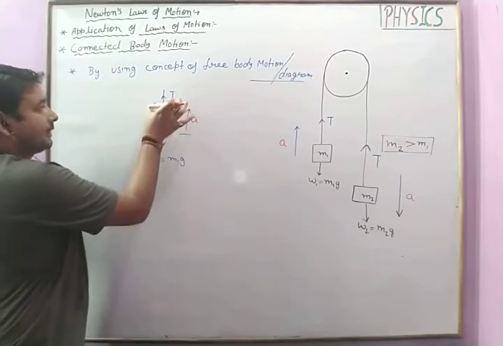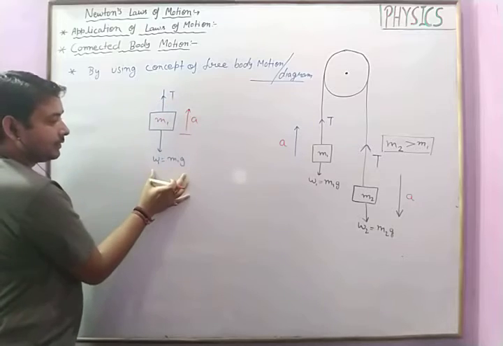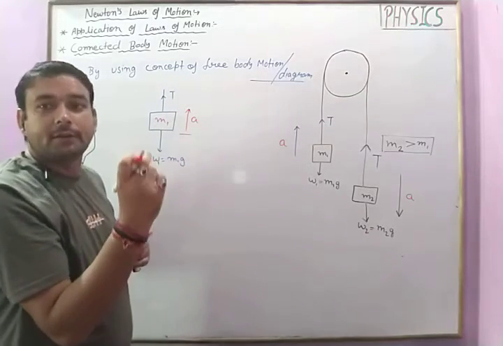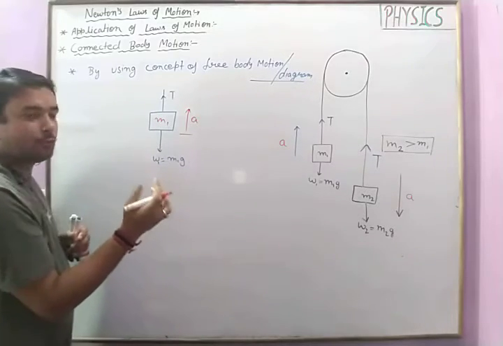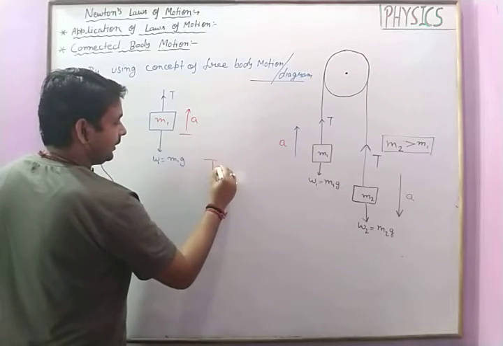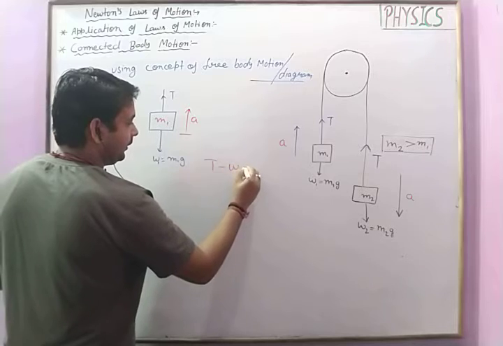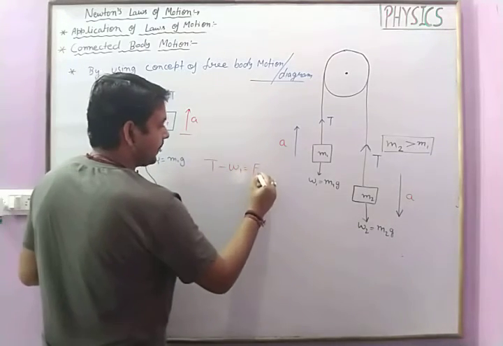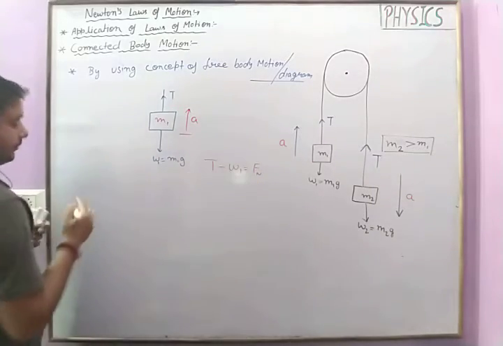That is, the tension is larger than the weight of the body. Because of that imbalance of force, T minus W1 is equal to net force, and net force gives the direction of motion that we have.